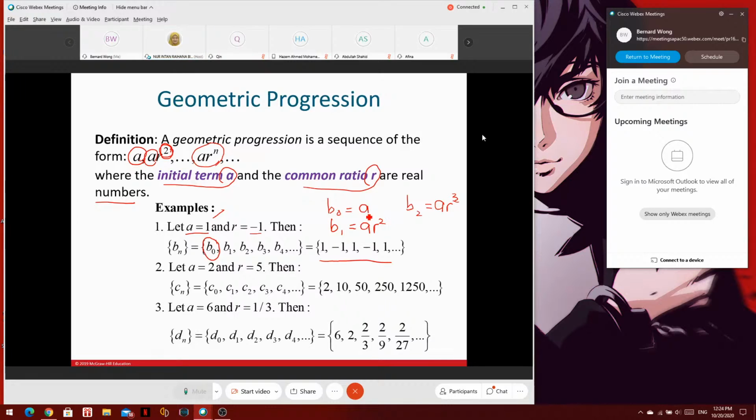Given that b_0 equals a, where a, the initial value, is 1, we just write it back as 1. For the second one, we might have b_1 equal to a, which is 1 times -1 squared.